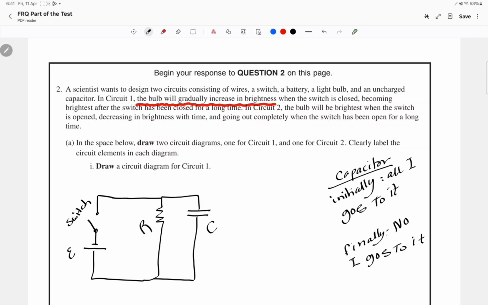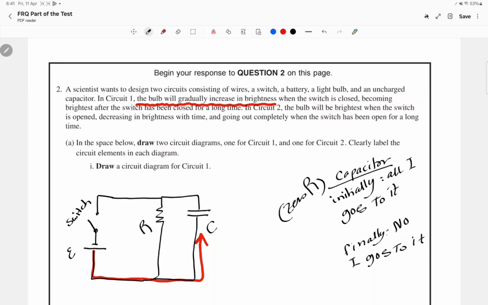Of course, in the beginning, the capacitor is not charged, so all of the current will skip the resistor branch and go through the capacitor branch, because the capacitor provides a zero resistance pathway. That makes the resistor get zero current in the beginning.